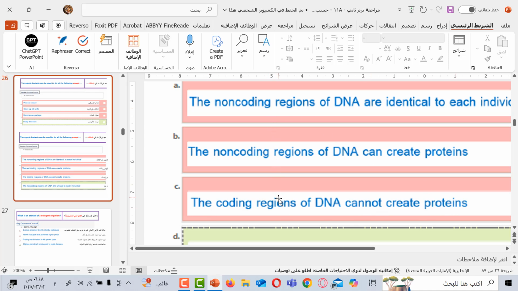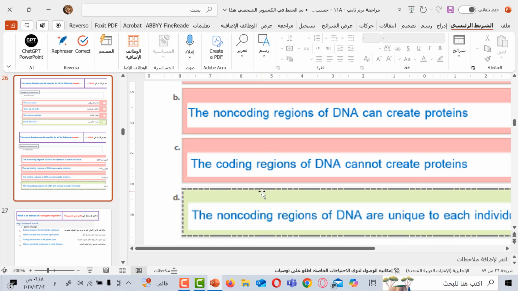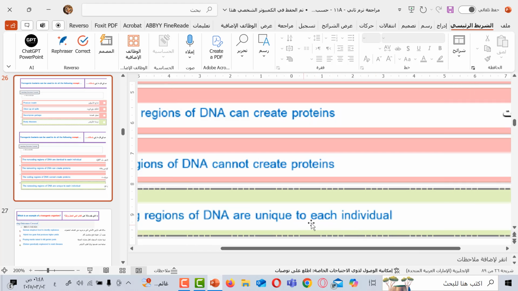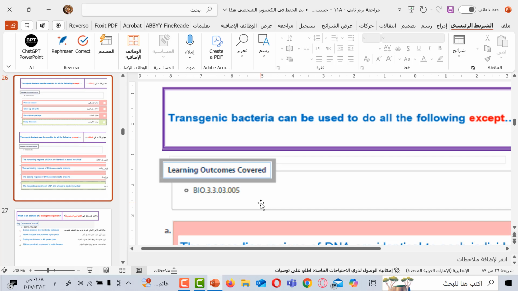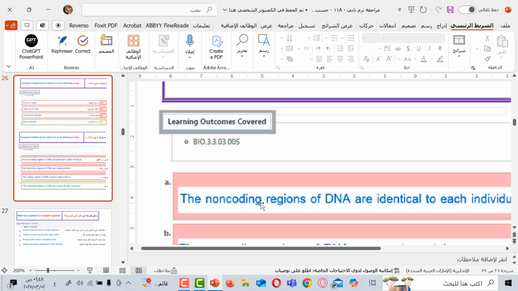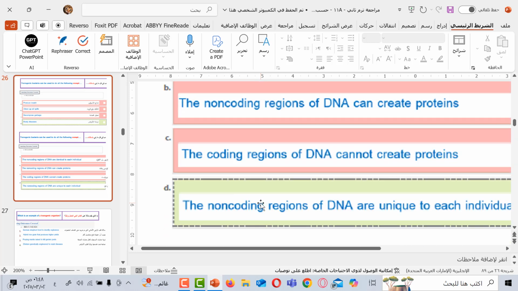These are all not true, but one only is true: the non-coding regions of DNA are unique to each individual. This is the choice. Ask it again: transgenic bacteria can be used to do all the following except one. This is the question and the truth.